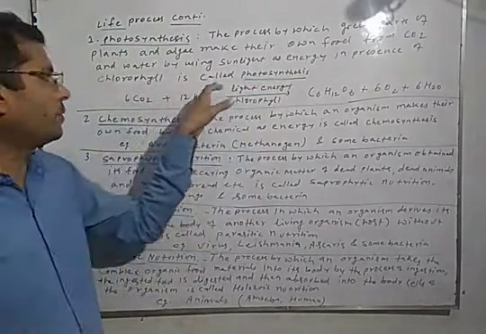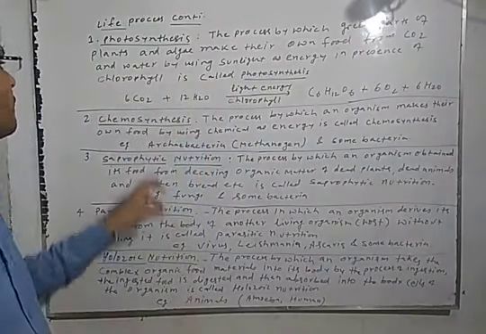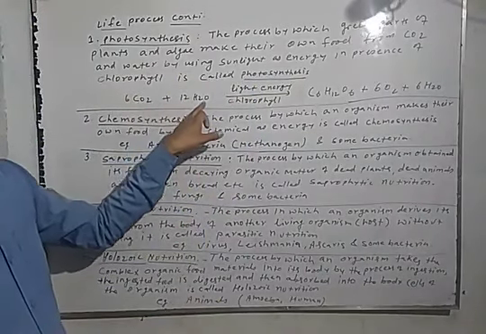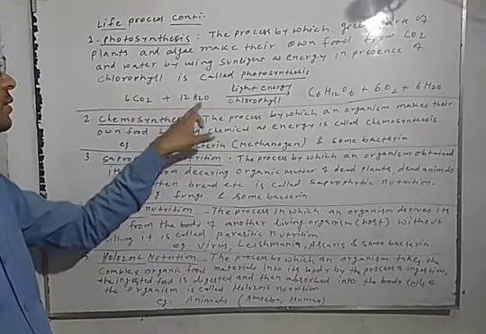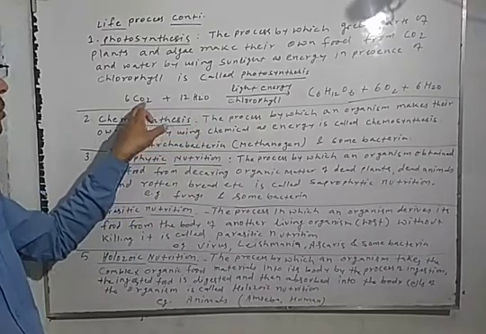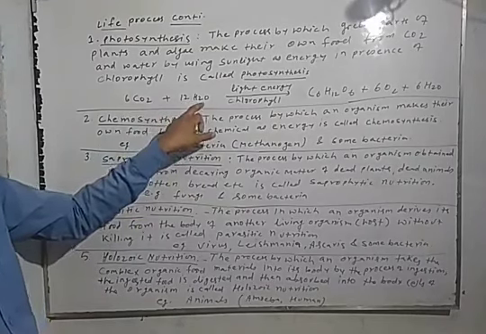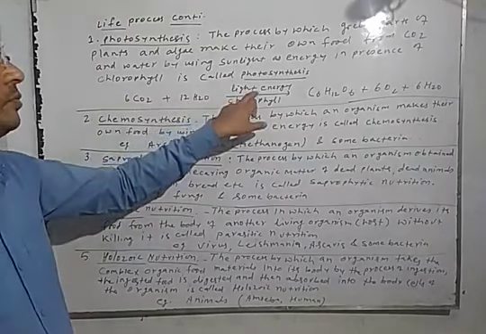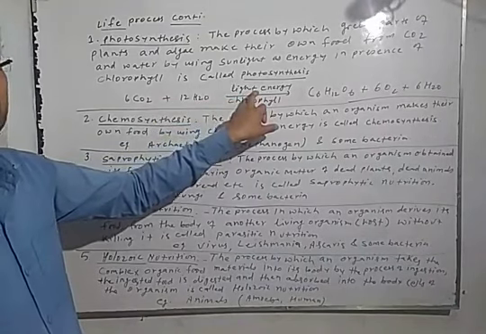Now what happens in photosynthesis? CO2 and H2O are both inorganic substances, and these are combined with the help of light energy.